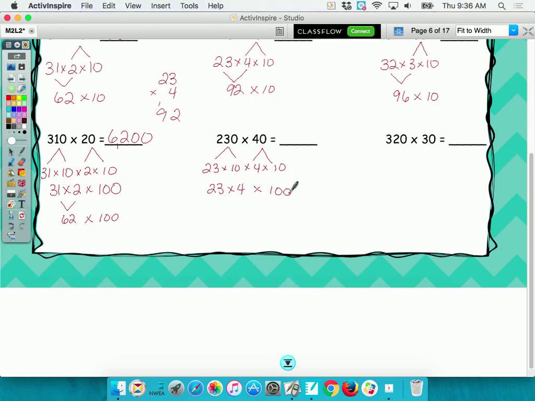So I'm skipping that step of writing 10 times 10, like we did yesterday. 23 times 4, I already know what the answer is. 92. So I have 92 hundredths, which is 9,200. Okay, let's do the next one.